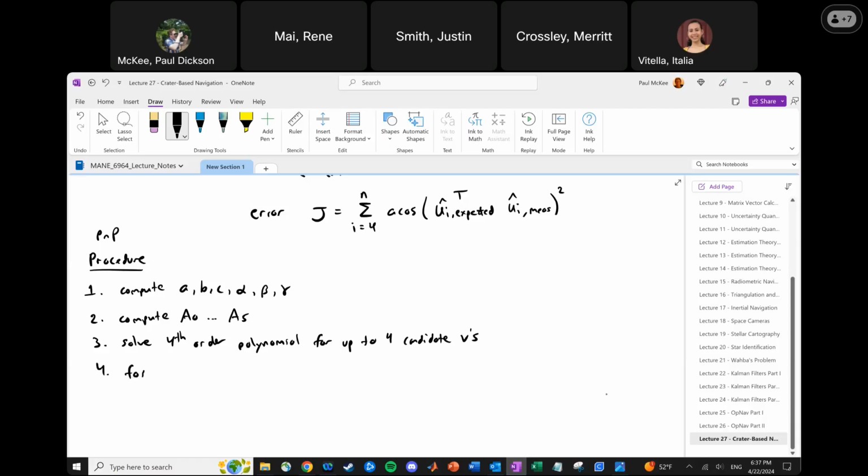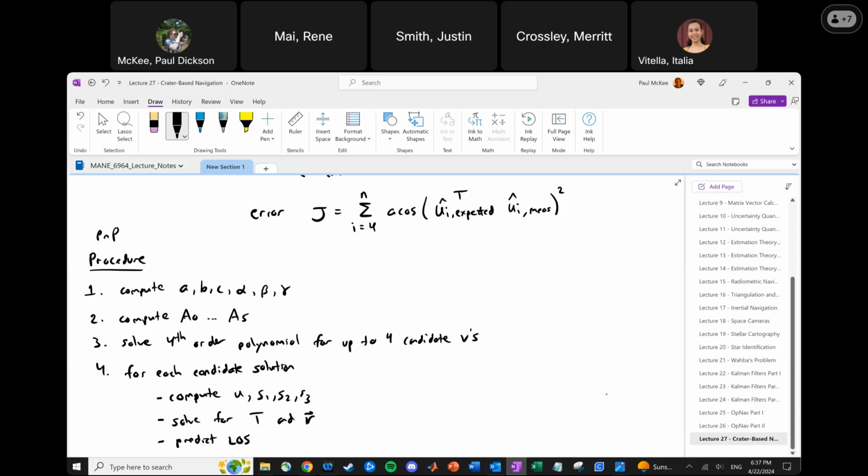For each candidate solution, compute U, S1, S2, S3. Solve for T and R, the attitude transformation matrix and position vector. So that's your pose.